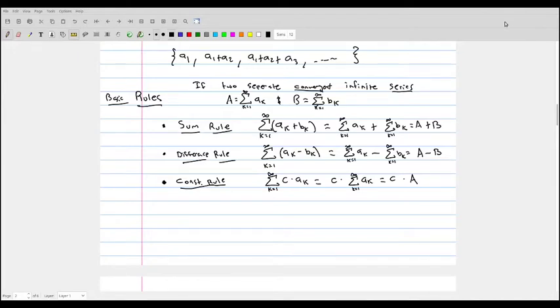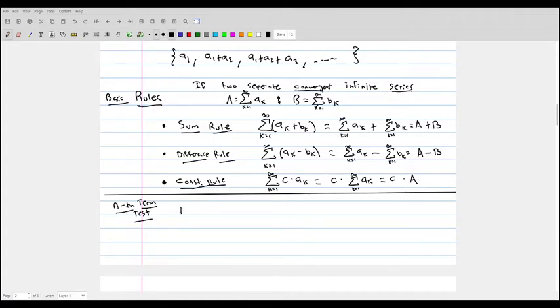The last basic rule that we have, and really I'll probably call this not a rule but a basic convergence theorem, because one of the big topics of this lecture is going to be the convergence theorems for positive series, is what's called the nth term test, or the nth term convergence theorem. So it's the nth term test for convergence of a series.